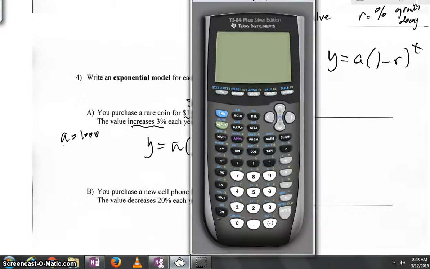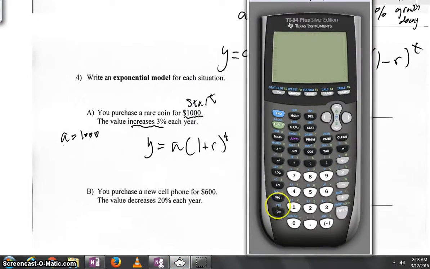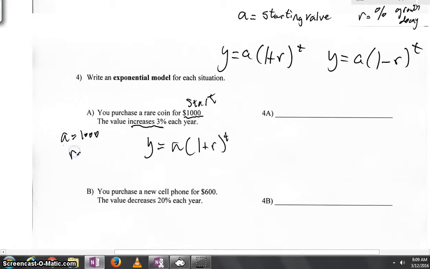But super important, and this is the number one mistake. If kids do make mistakes on these problems, it tends to be right here. The r must be written as a decimal. To be safe, my suggestion is whatever percent they give you, divide by 100. That's literally what percent means. And you can see that r is going to be 0.03.